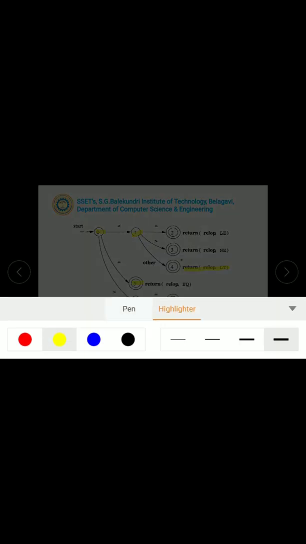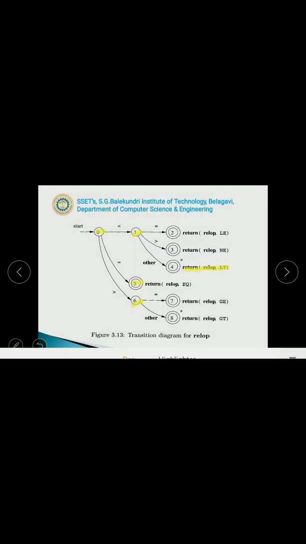You can observe this star notation here. It means that for any state, if there is a star, you are going to retract one position back.